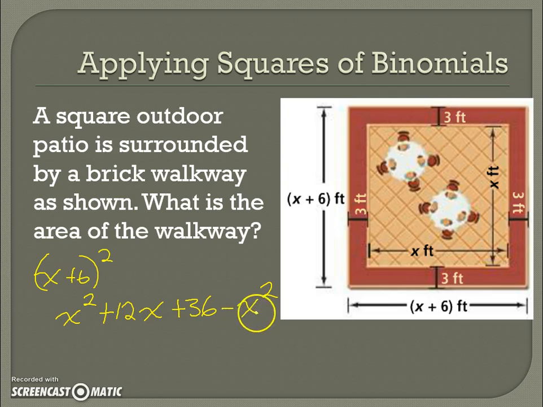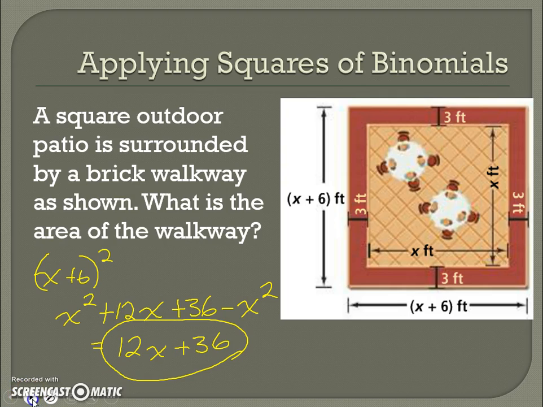Now when I subtract the smaller square from the larger square, notice what happens with this and this. They subtract each other out. So the only thing that I'm left with is 12x plus 36. So whatever x is, if I multiply by 12 and then add 36, I get the area of that walkway. So make sure you make good notes of that.